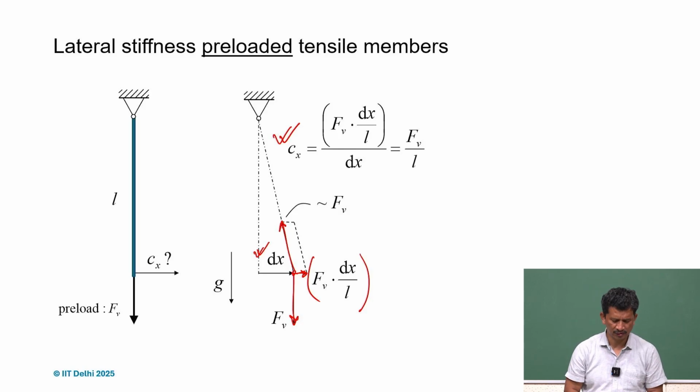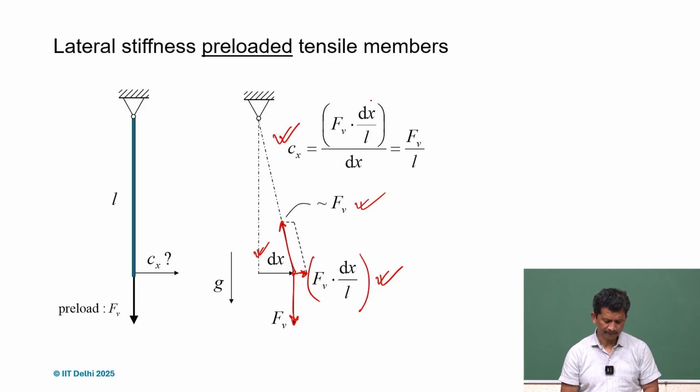That stiffness is nothing but the force FB by dx by L. We can always use trigonometry, and when dx is very small, the tension will be almost equal to FB, but this number will be dx by L, and dx can be cancelled. Ultimately this is the stiffness we feel, FB by L, that is the stiffness in the x direction. Of course, this is positive in this case.